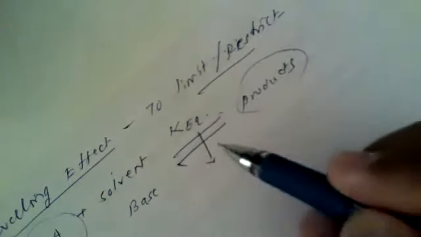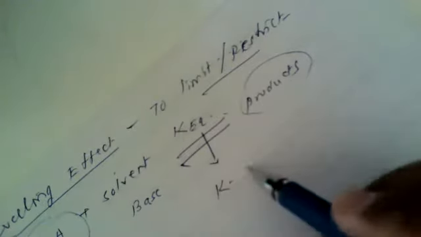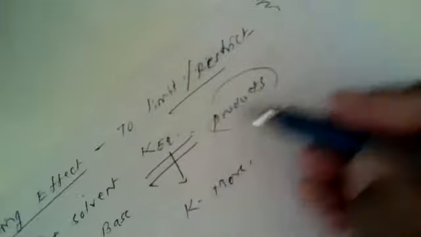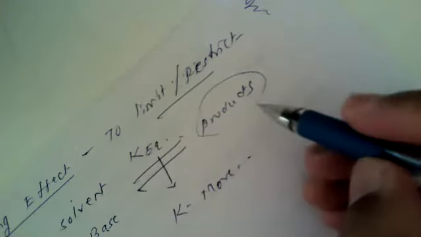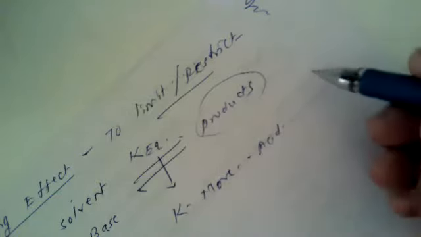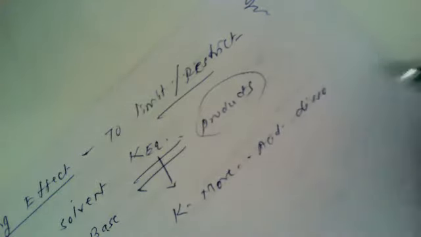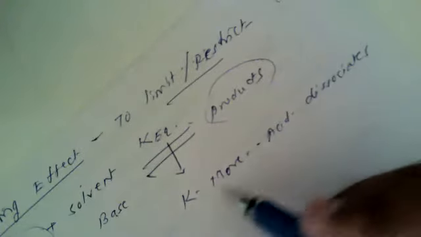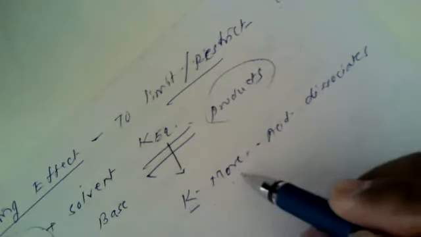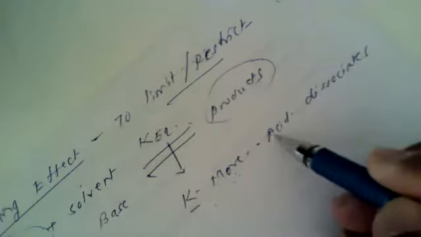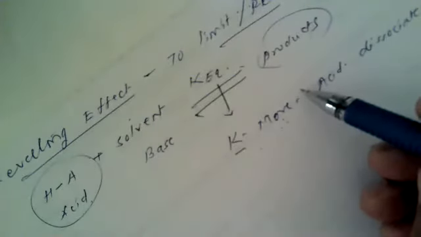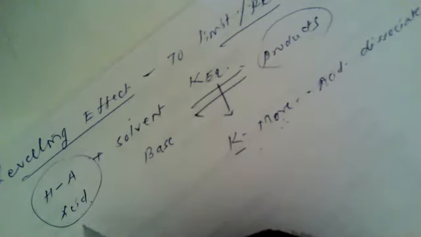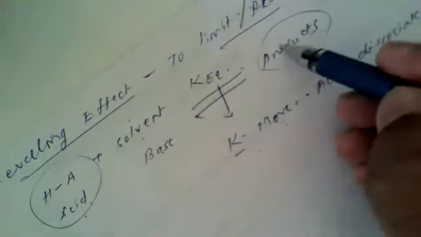So if the value of K is large, that indicates that the acid dissociates completely, that means 100% dissociation of the acid takes place. When the value of K is large, the acid is completely dissociated, and this acid furnishes its H plus ions, which react with the solvent to form the product.